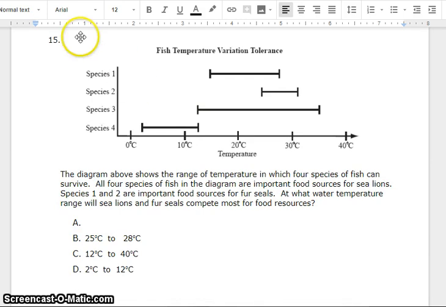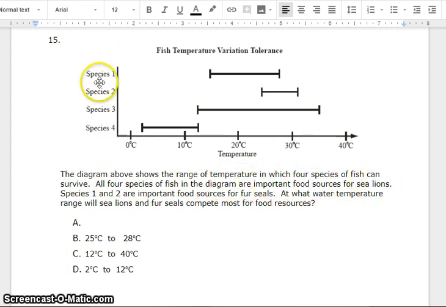And the last problem, number 15. We have fish temperature variation tolerance. Species 1, 2, 3, and 4, temperatures from 0 to 40 at the bottom. The diagram above shows the range of temperatures in which 4 species of fish can survive. All 4 species of fish in the diagram are an important food source for sea lions.